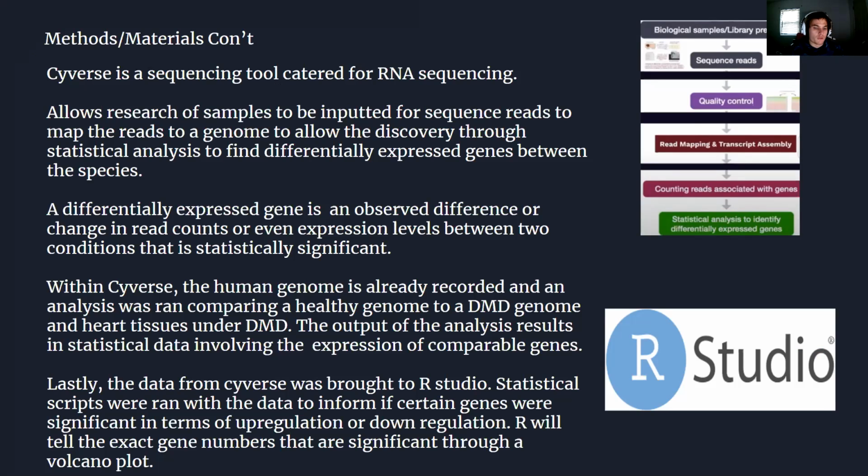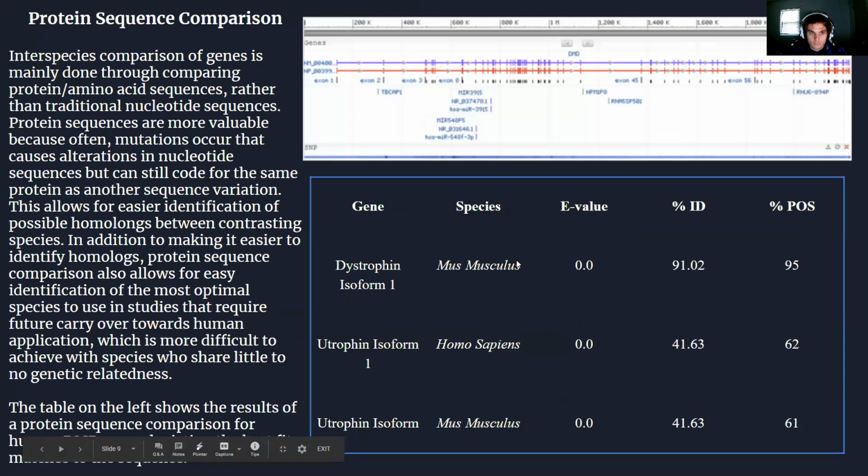So it was able to measure what was being upregulated more and what was being downregulated more compared to the healthy genome. And then once we had that information, we were able to upload it into RStudio to create a volcano plot that was able to show us on a logarithmic scale what genes were significantly expressed and which ones weren't. And then we used that for more research and more results.